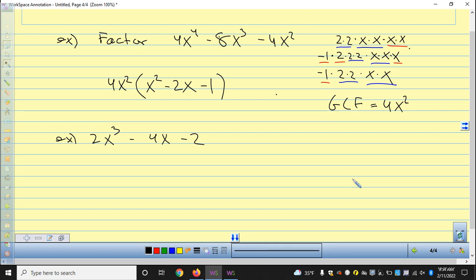Let's factor this one. So I'm going to list my factors. The first one is 2 times x times x. The second one is negative 1 times 2 times 2 times x. And the last one is negative 1 times 2. So the only thing that all three of these have in common is a 2.